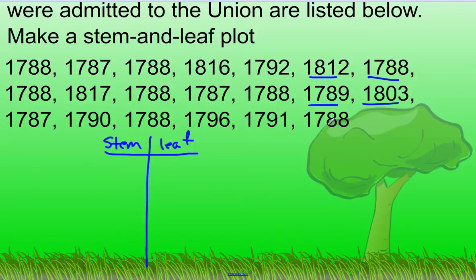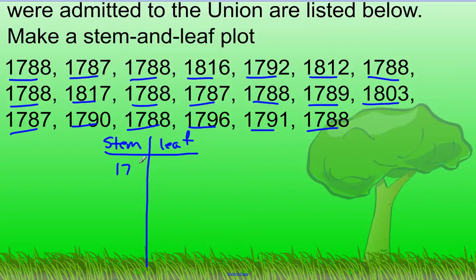What I'm underlining here is going to be the stem of each number, because you're only allowed to have 1 leaf for each. The smallest of the stems, I believe, was 178. The largest of the stems, I think, is 181. And you need everything in between, so 178, 79, 80, and 81.